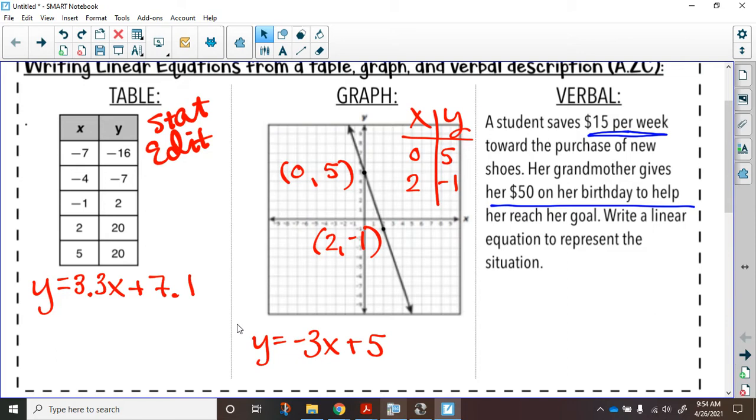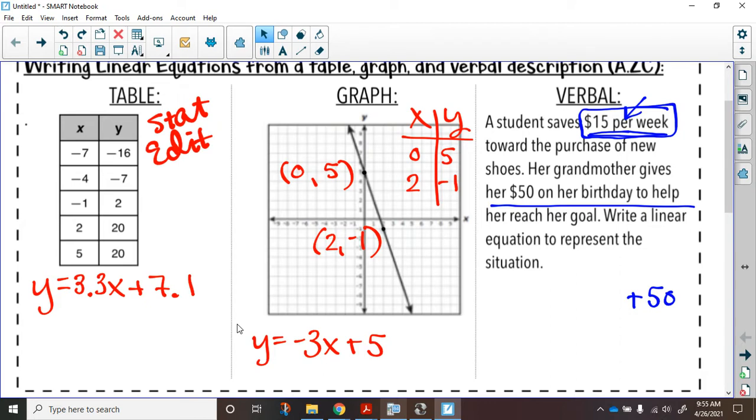So we've got to think of this as a one-time fee, and then something that she is saving weekly. That one-time fee is the $50 that her grandmother gave. And then right here, it says she's saving 15 per week. That word per represents multiplication.